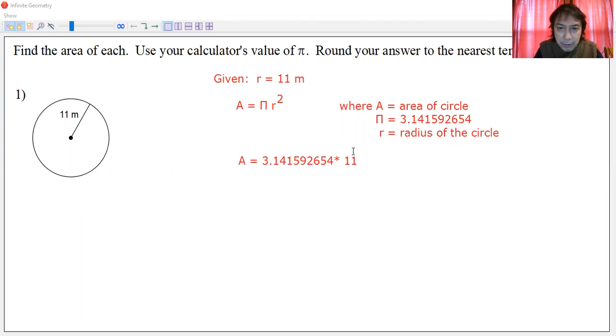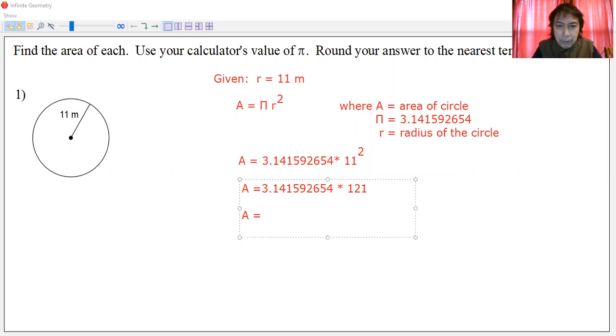So area is pi times 121, which is 3.141592654 times 121. We just get the product of this, and that will be our final answer.